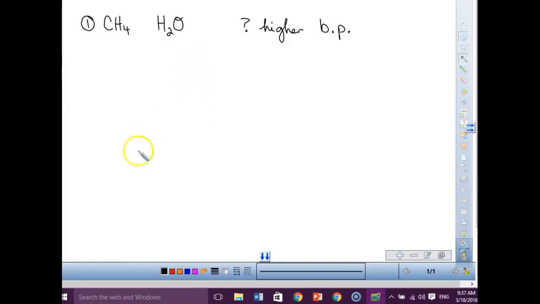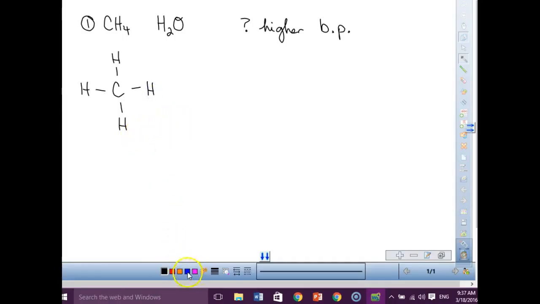When you're trying to decide this, we need to look at the structure, because without the structure, you can't tell if it's polar or nonpolar, and without that, you can't assign forces. So for methane, you would have a structure like this, because it has 8 total electrons, all the hydrogens single bonded to carbon.